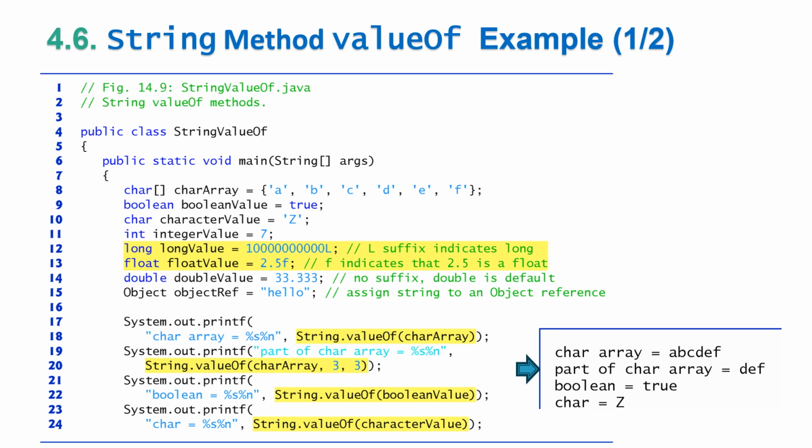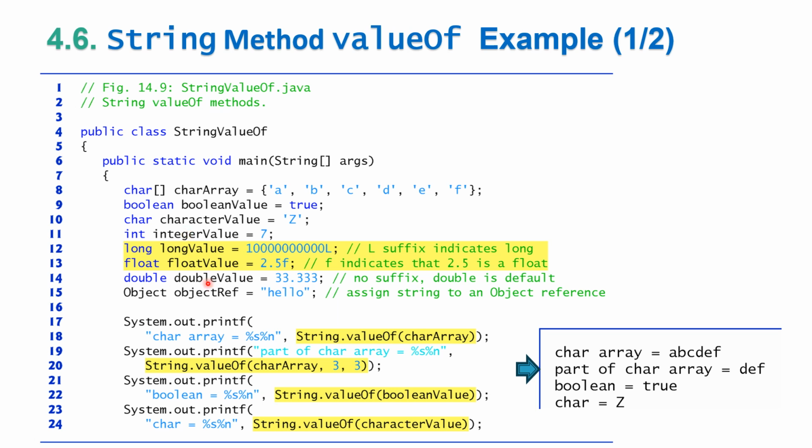Here is a program showing examples of using String method valueOf. The program first declares 8 variables of the 8 data types that are accepted as the first argument of method valueOf. Then the program calls method valueOf, passing each of these 8 variables as the first argument.